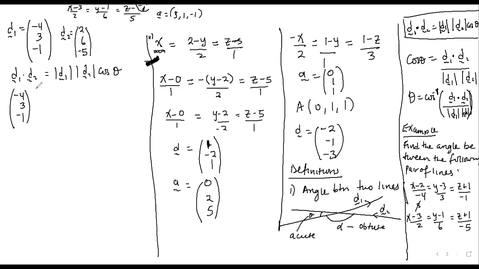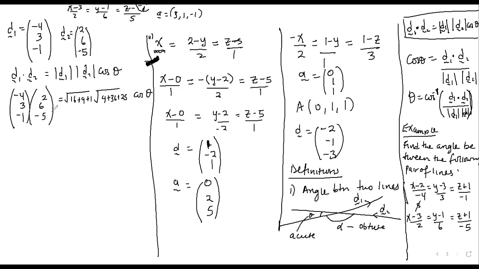Okay. So we shall have 2, 6, -5. The magnitude of them will be square root of 16 plus 9 plus 1. The other one is square root of 4 plus 36 plus 25.